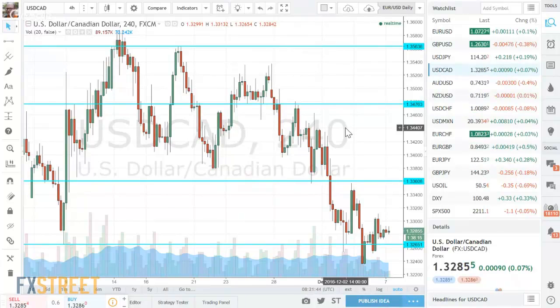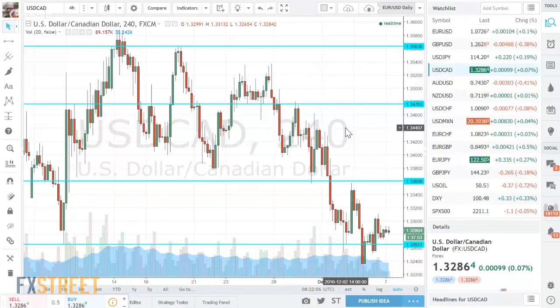Further above 134.80, which proved itself quite a few times in the past, and also late in November, it means last week, and further above 135.60, which capped the pair in mid-November, and it's followed by 136, a round number.